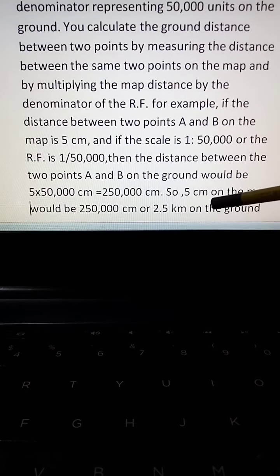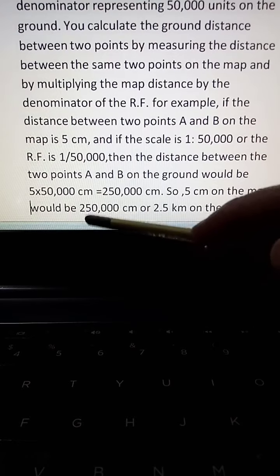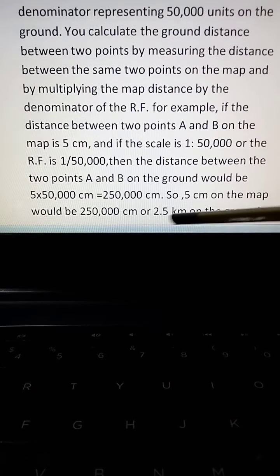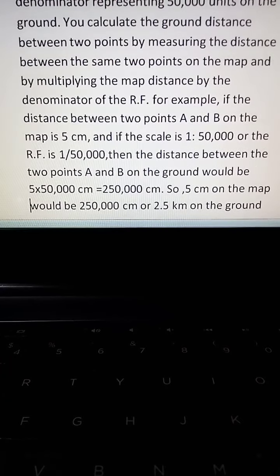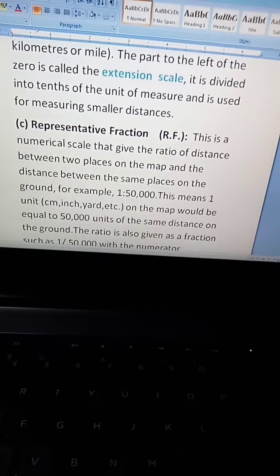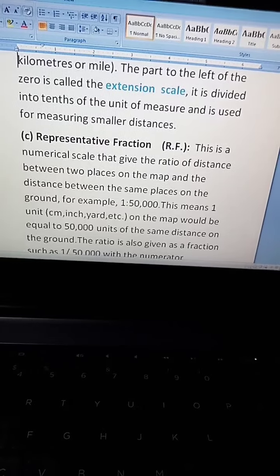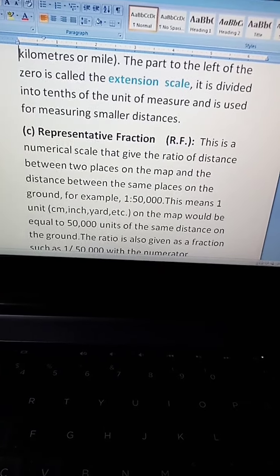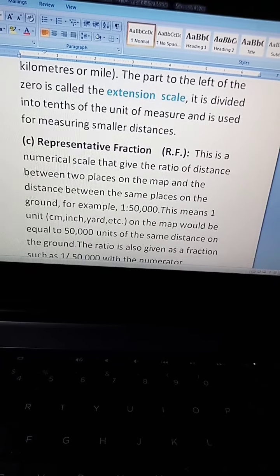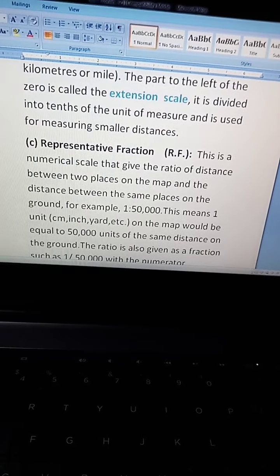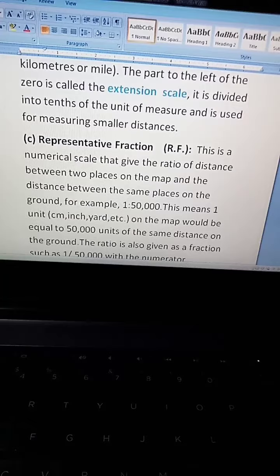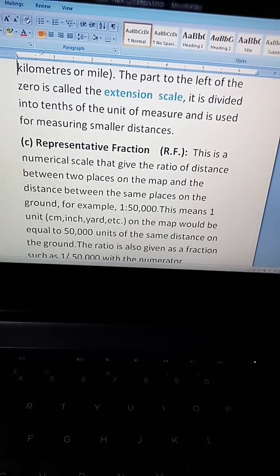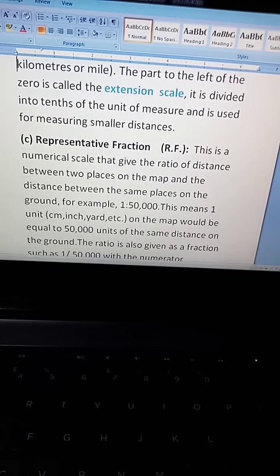So 5 centimeters on the map would be 250,000 centimeters or 2.5 kilometers on the ground. So students, there are 3 different ways to represent the map scale: first verbal or statement scale, second graphical or linear scale, and third representative fraction or RF.